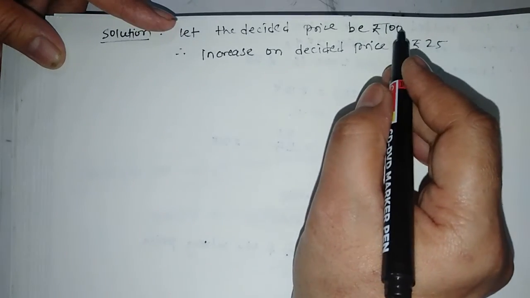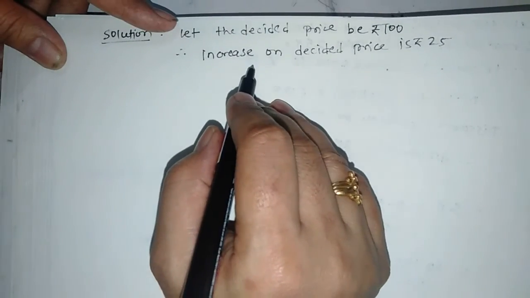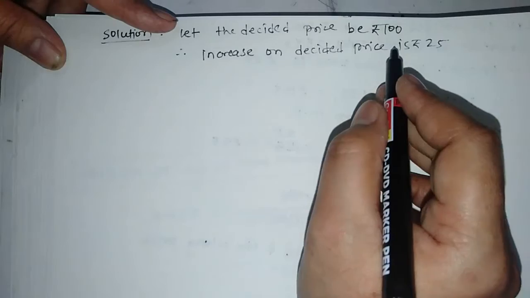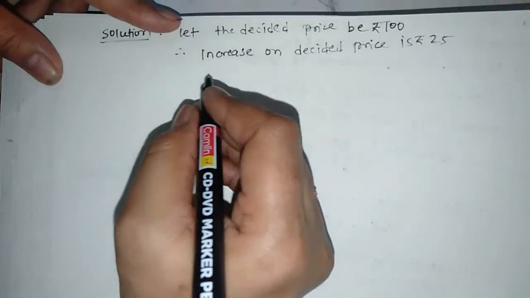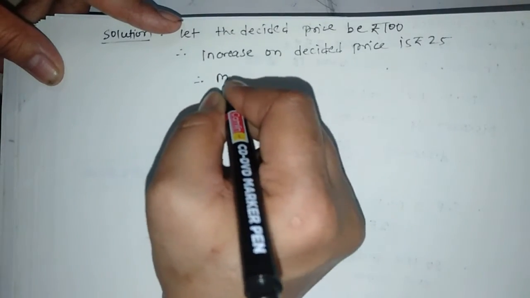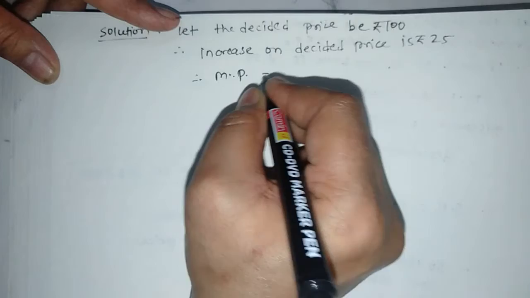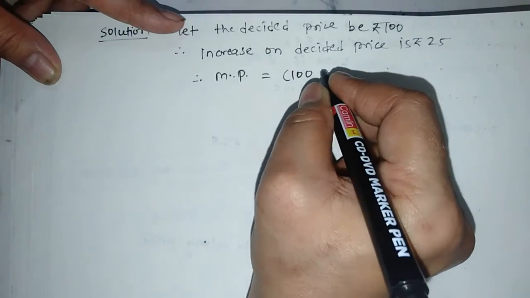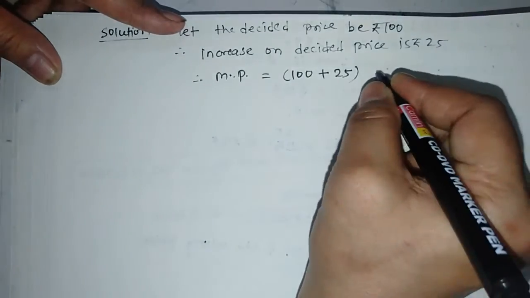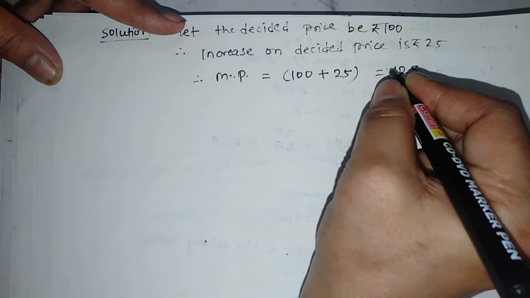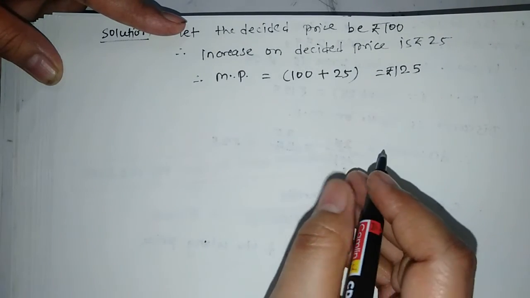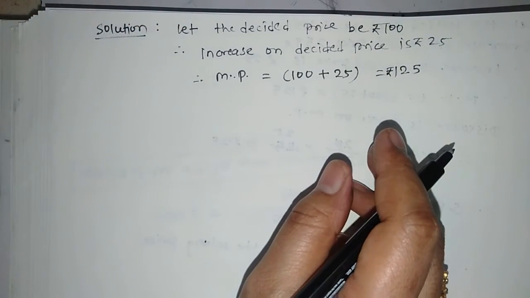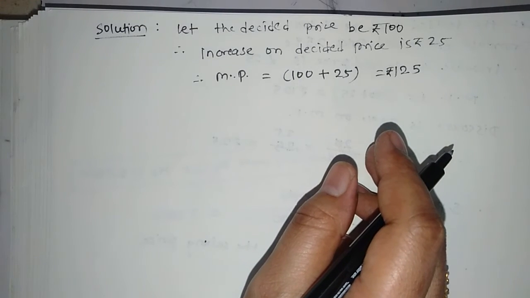So on each 100 the increase price is 25 rupees. So therefore mark price is equal to 100 plus 25 is equal to 125 rupees. So now we got the value of mark price.